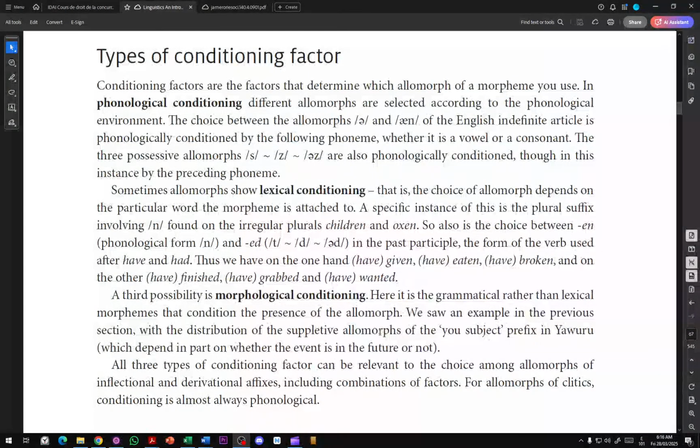So also is the choice between n, and ed, phonological form t, d, and ed in the past participle.